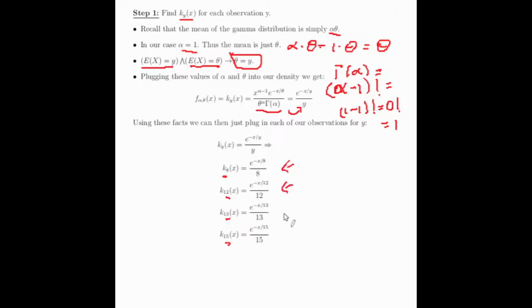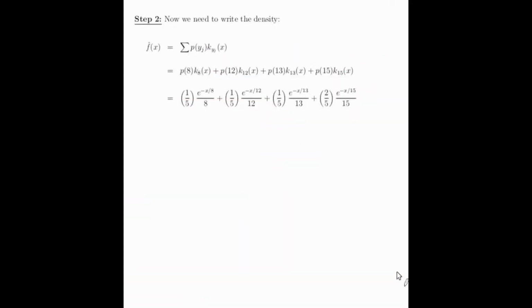We can now use these kernels to calculate the probability density function as we show in the next step. In this step, we look at how to calculate our probability density function using a weighted linear combination of the kernels. So our probability density function is denoted little f hat of x. And what we're going to do is multiply each kernel here by the probability of that observation occurring.